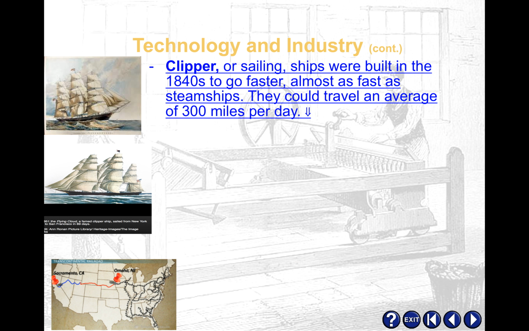All right, now let's talk about ocean travel. There's river travel with the steamboat, but ocean travel was still more difficult, so the steam engine on ships is not going to be developed for a couple more decades. But the biggest technology to happen for America happens to be the clipper ship, or sailing ships.